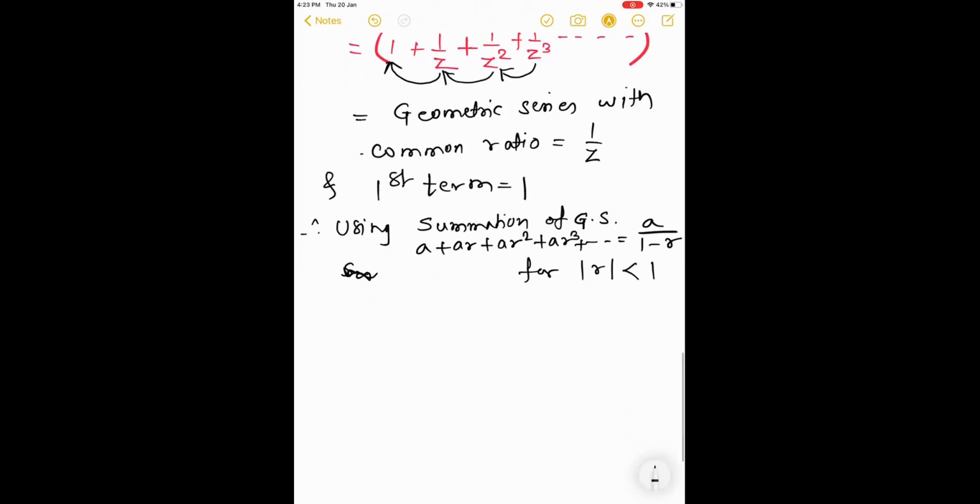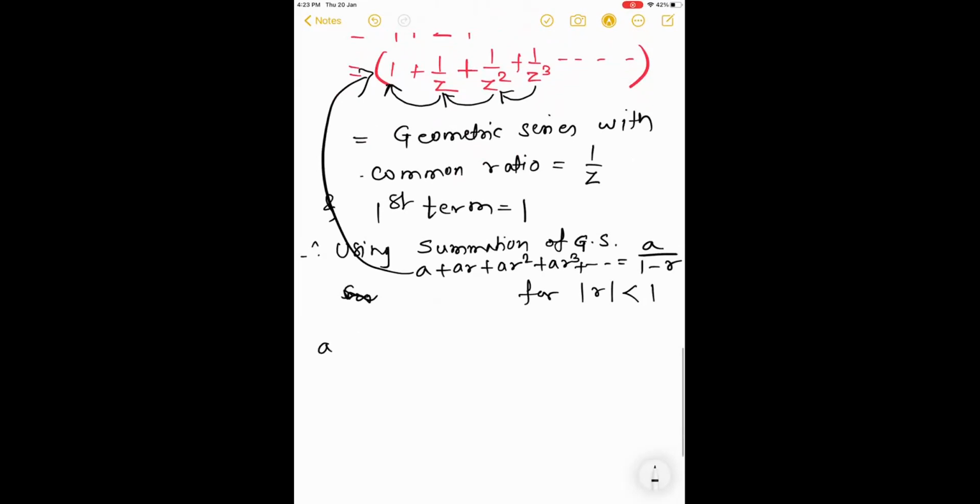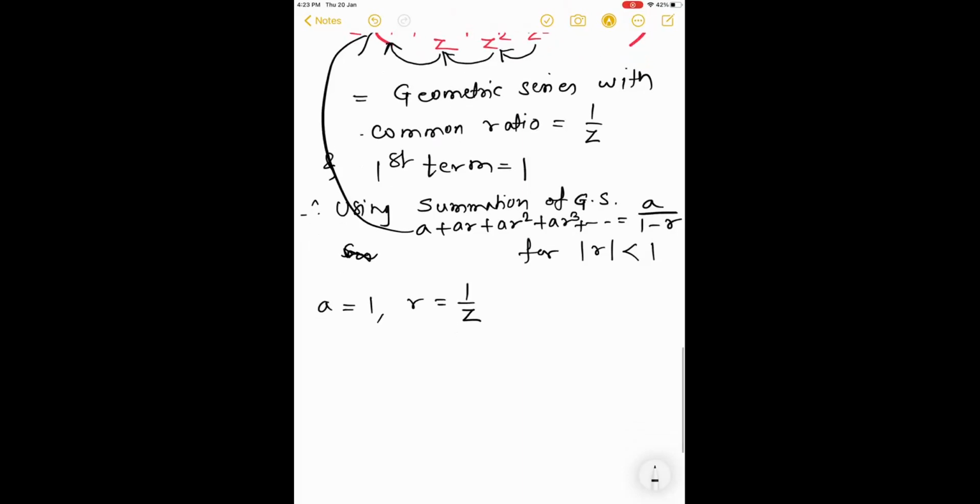ऐसा लिखा है ना? So in this case, just compare this series with that. A is in this case 1. What is r? r is 1 upon z. Just put it.